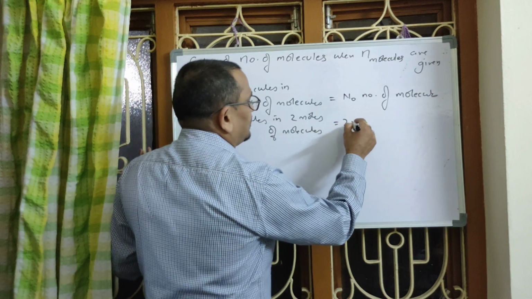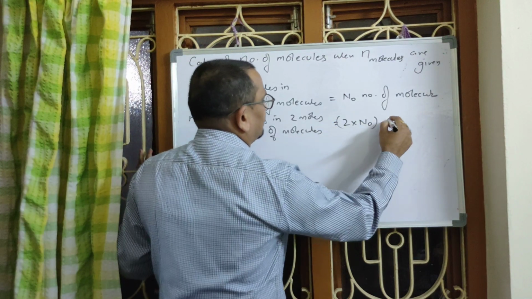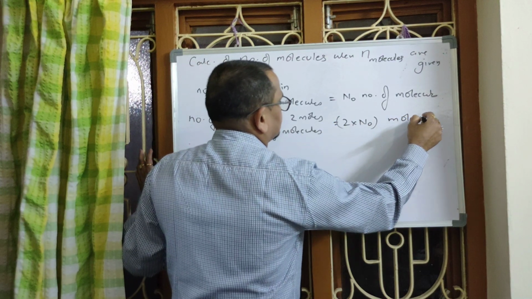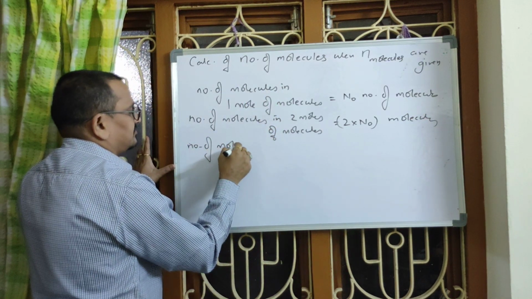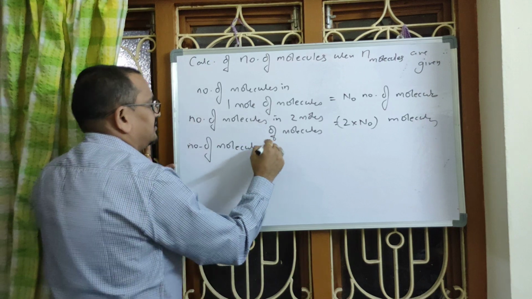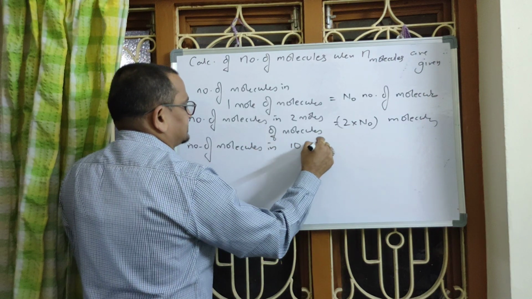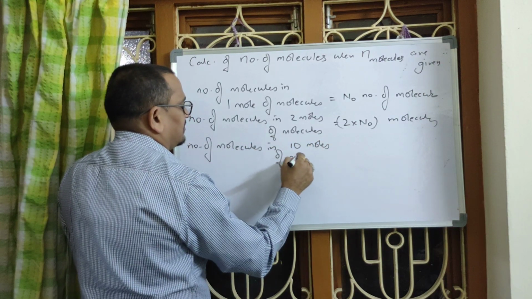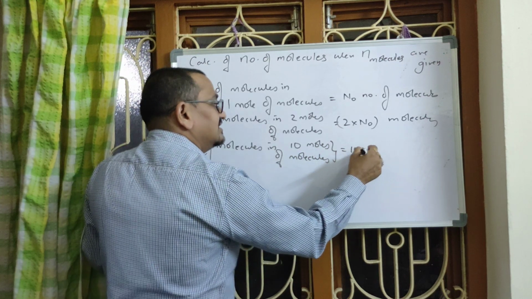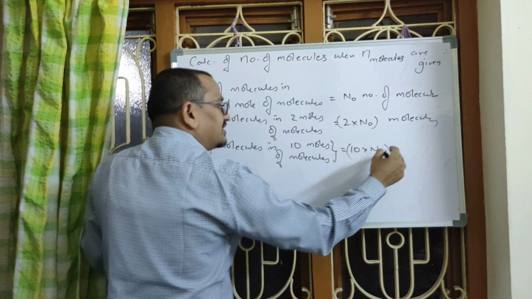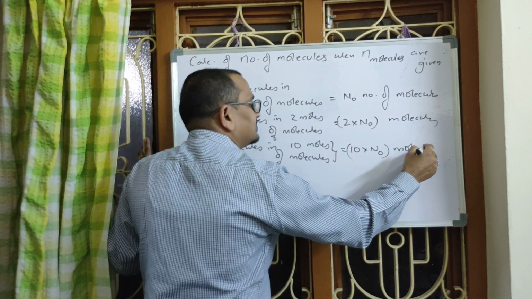That is 2 into Avogadro number of molecules. Then number of molecules in 10 moles of molecules can be calculated as 10 into Avogadro number of molecules.